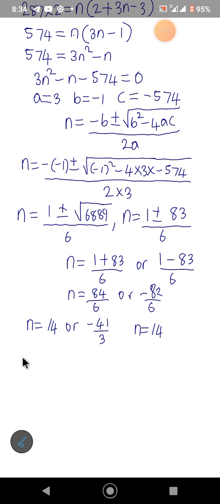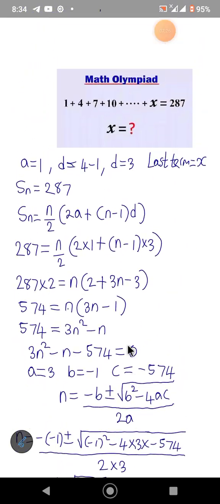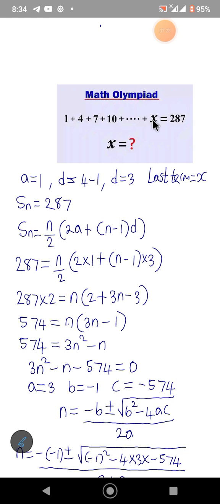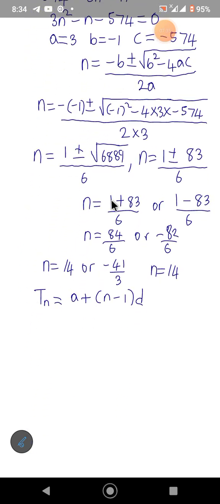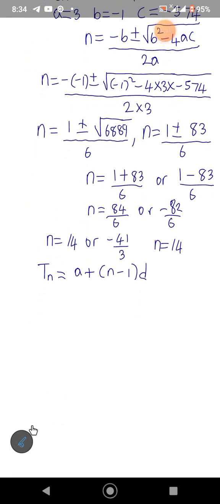To get x, I will say Tn is equal to a plus open bracket n minus 1 times d. Now if we go back to our question, Tn is the last term and Tn is x.